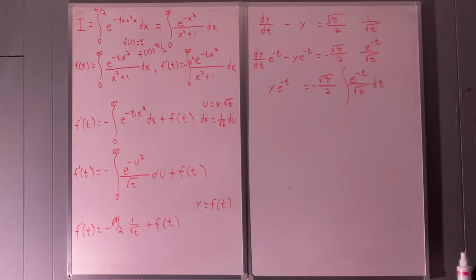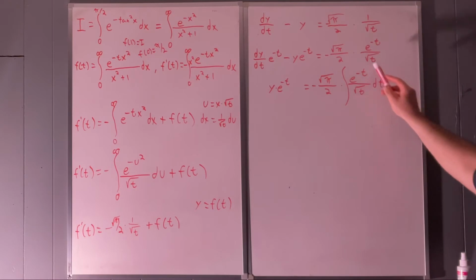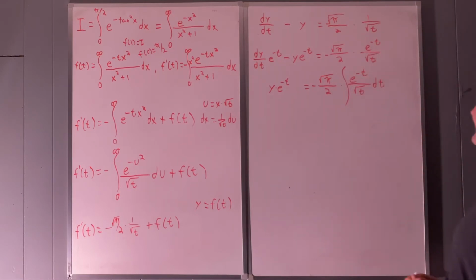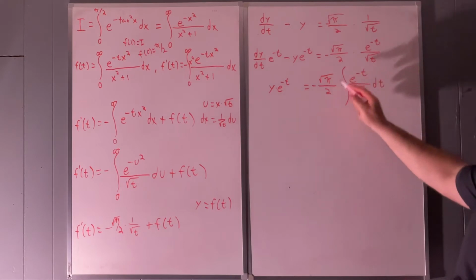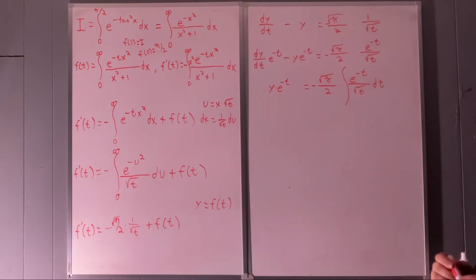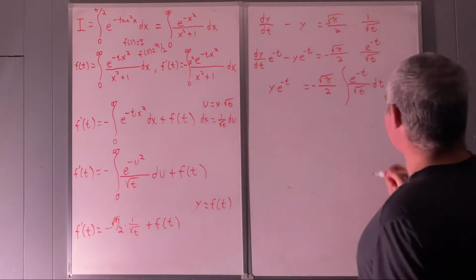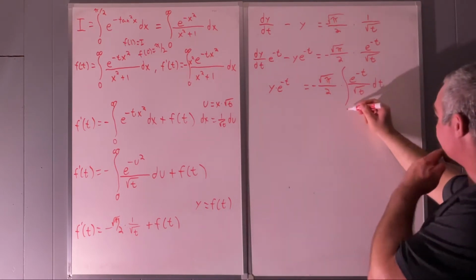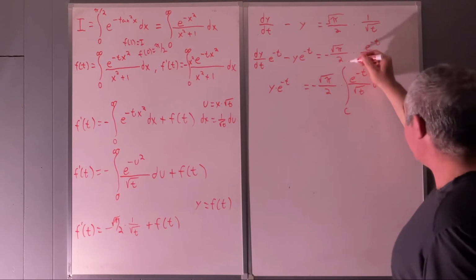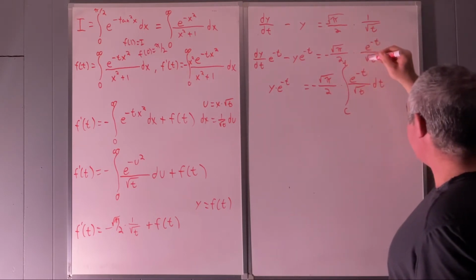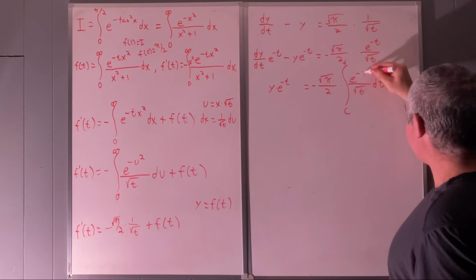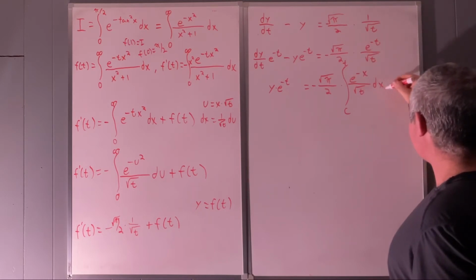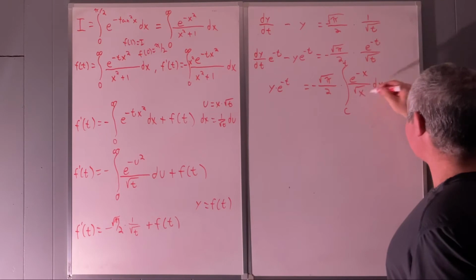Well, let's think. How could we rewrite this? If you took the antiderivative of that function of t, you would get some other function of t plus a constant of integration, right? So it could be rewritten like this. We could say that this is the integral from some constant c up to t of e to the negative x dx over the square root of x.